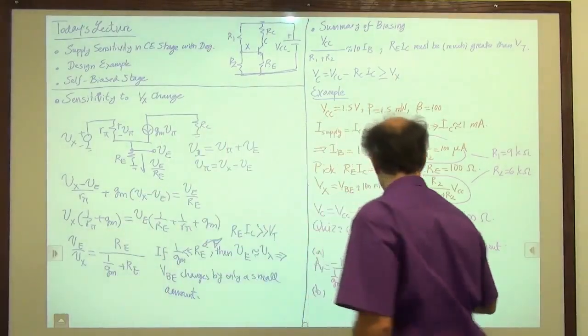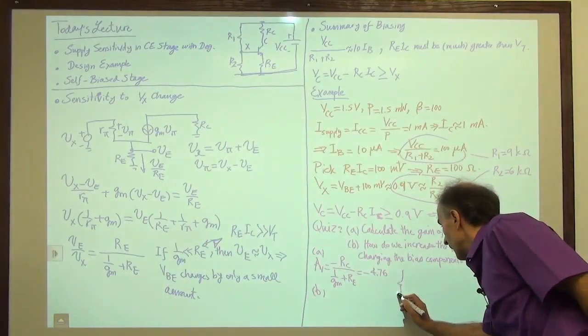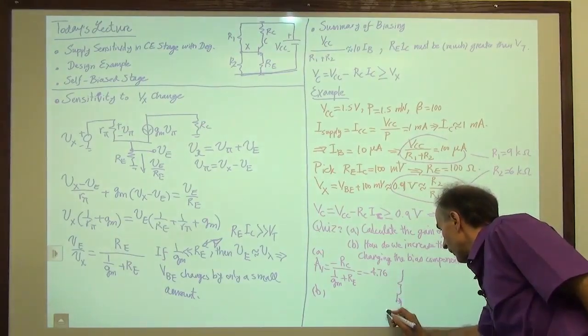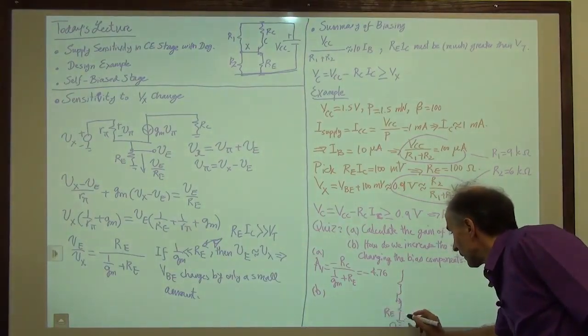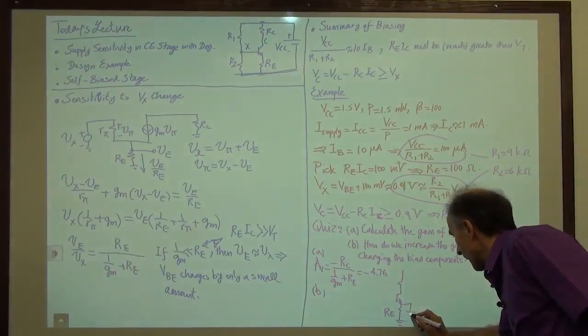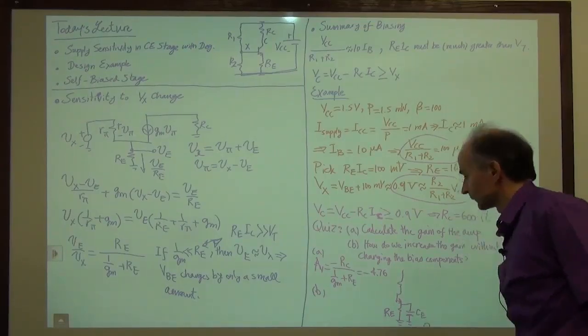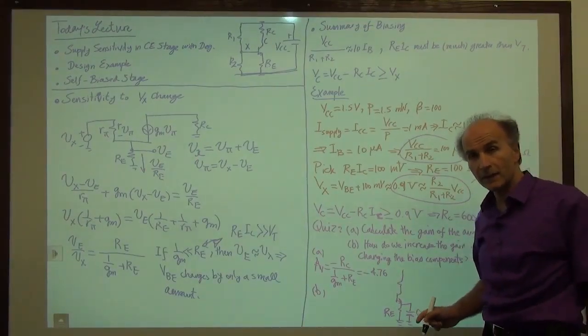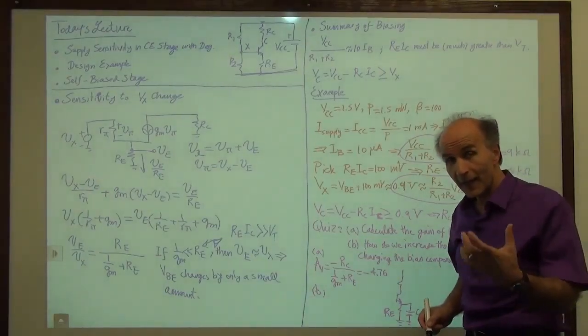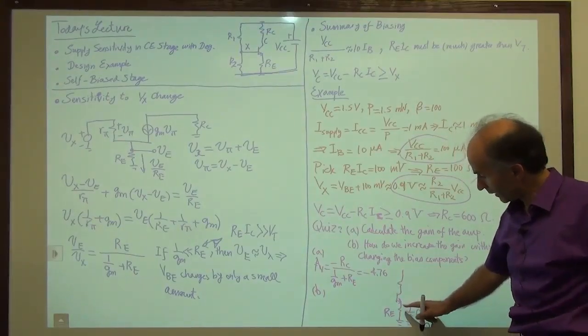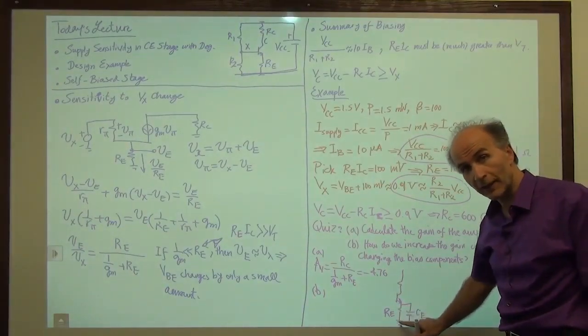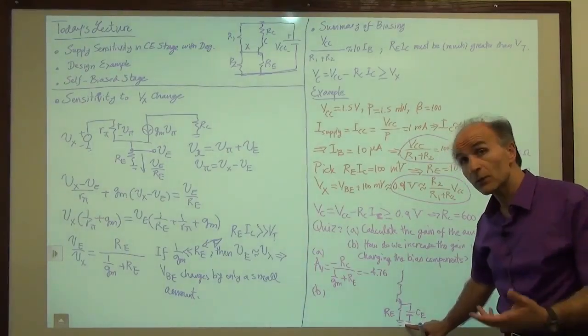So let me draw that circuit here and show you how that would be done. We have RE to ground and we place a capacitor in parallel with RE. Let's call that CE. For example, suppose CE is a good short circuit at the frequency of interest. If it's a good short circuit, then the impedance that we have between the emitter and ground, and AC ground, is close to 0.